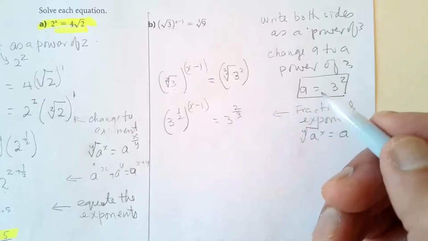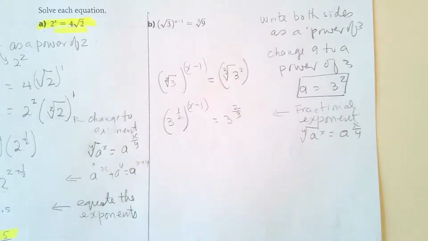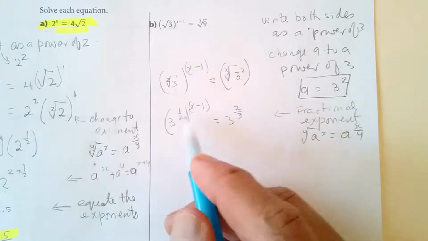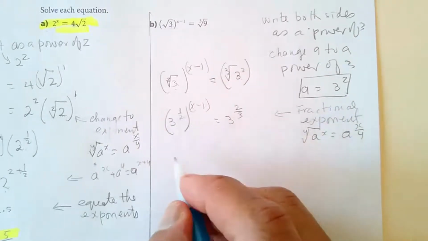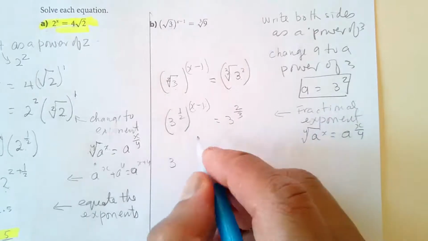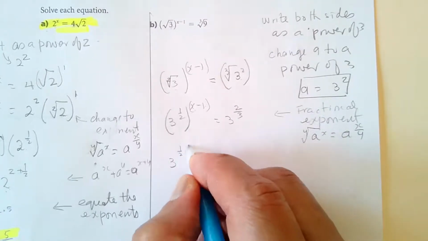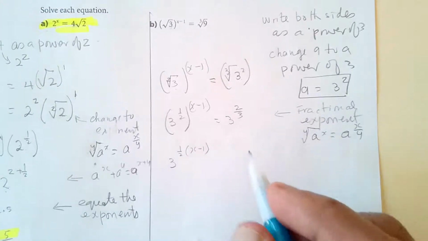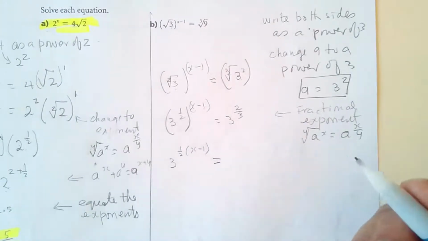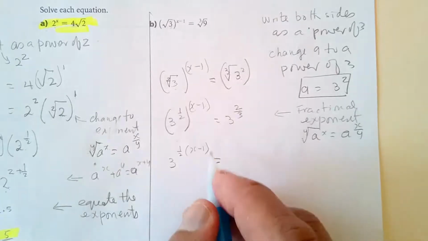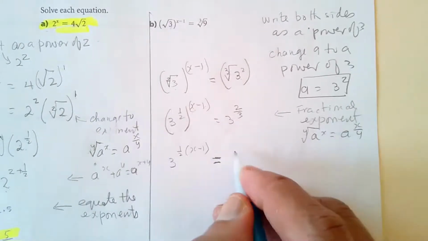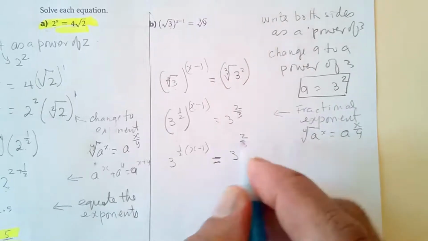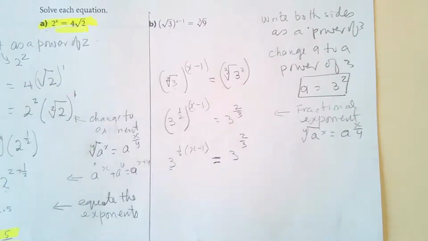Now we have our exponent. Next, we will use our power rule to multiply these. So it becomes 3 to the half times x minus 1. I like to keep brackets to keep my work simpler and easier to follow. It becomes 3 to 2/3.